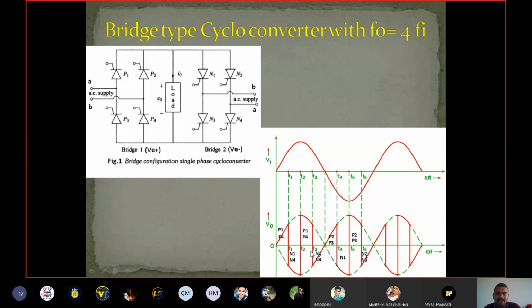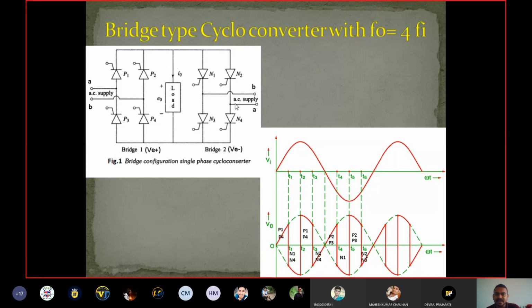At the T3 instant, we make P1 and P4 off by force commutation, and at the same instant we give the triggering pulse to N1 and N4. So N1 and N4 become on.